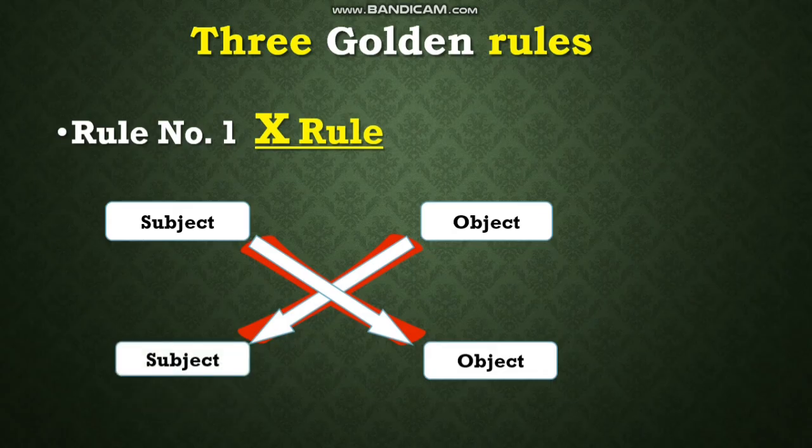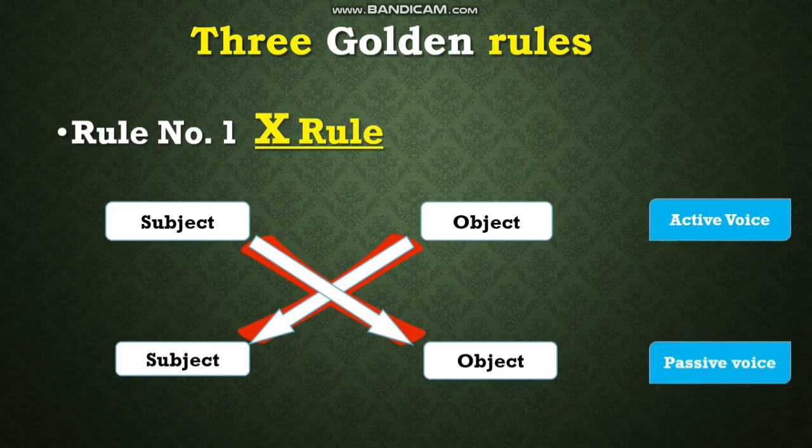This is where the symbol of X comes from, because they are exchanging positions. The subject goes into the position of the object, and the object becomes the subject. The first one is in active, the second one is in the passive voice.